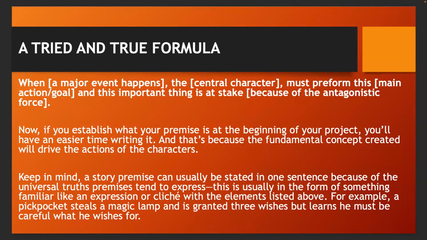You need to know what that event is. You need to know who your central character or characters are. And you need to know what that main action or goal is. And because that is such a pivotal part of your story, you need to know what's at stake.